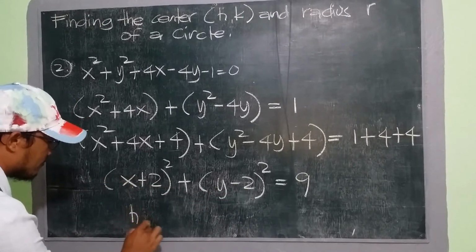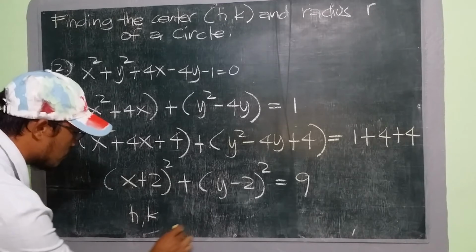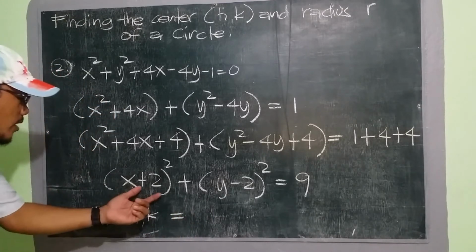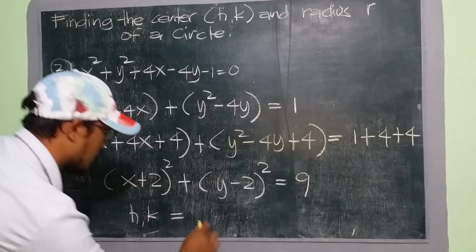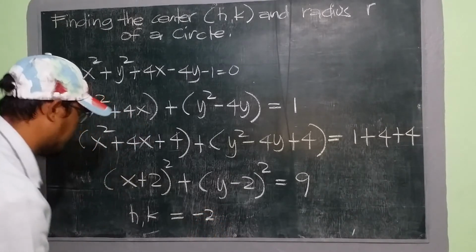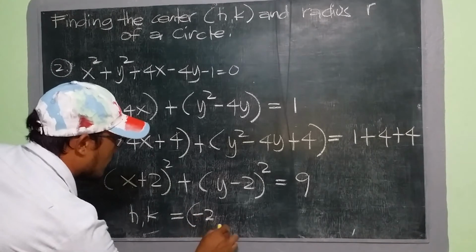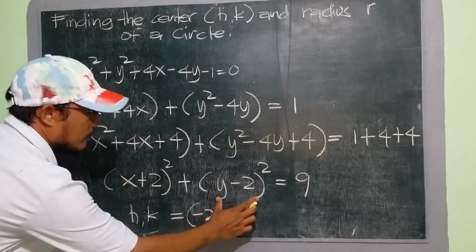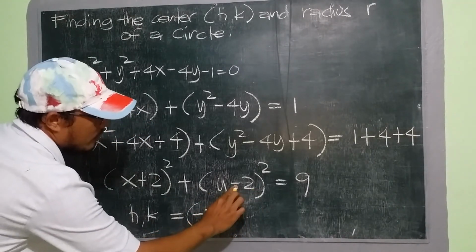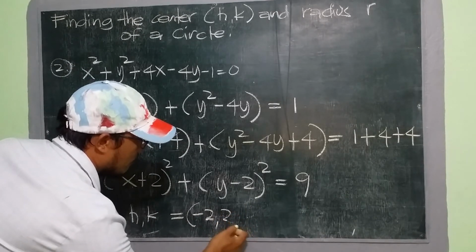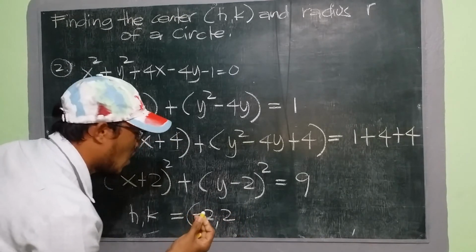Our h k, the center, is equal to, since h is positive here, it is negative 2. And our k, since it is already negative here, it is positive 2.